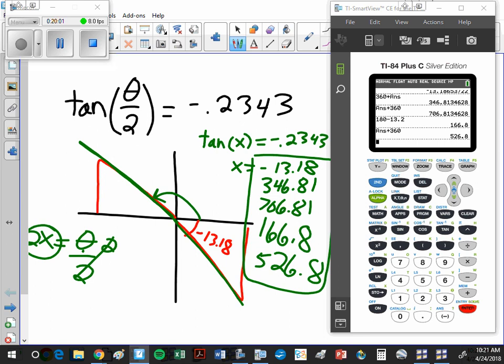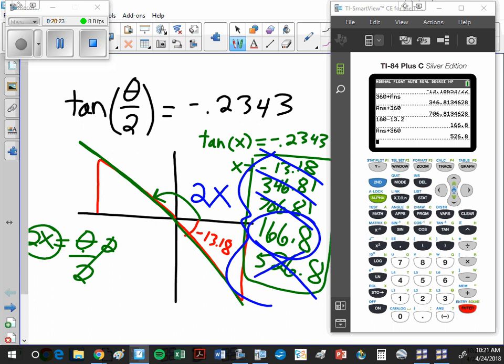2x. So if I take this list here and multiply it by 2, how many of those answers fit the domain I'm looking for? This one is too small. That one is too big. That one is too big. This one works, and that one is too big.